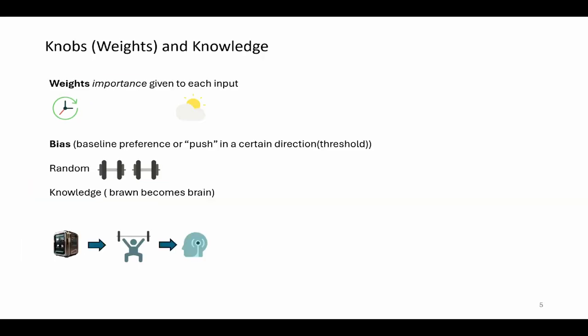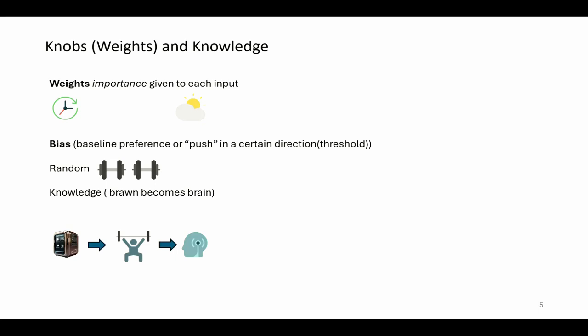Okay. Now, the way the network understands or adjusts things is what is called weights. Think of weights as the importance that the network gives to any of the inputs, right? So if you have time coming in, and weather coming in, what the machine does is assign a weight.